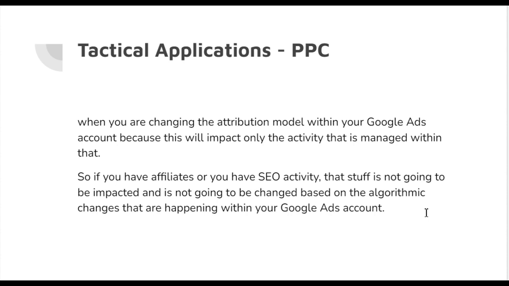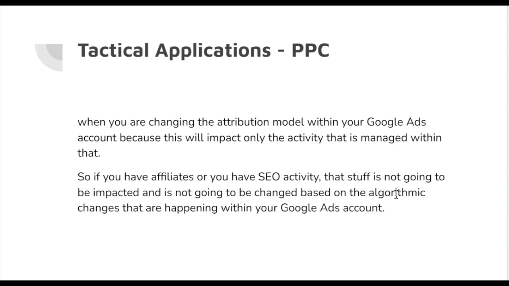So yeah, when you're choosing your attribution model, it should cater to your goals and how your customers are interacting with your business. And the goal of using attribution in PPC is to give the right amount of credit to each click, so that you know which of your marketing channels are delivering.